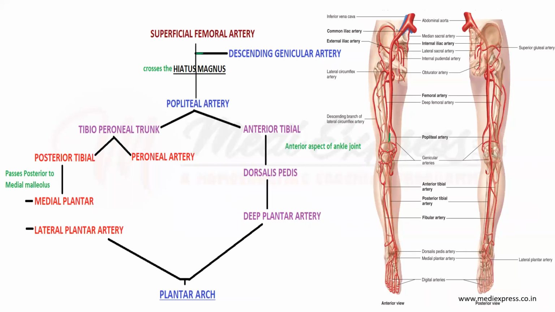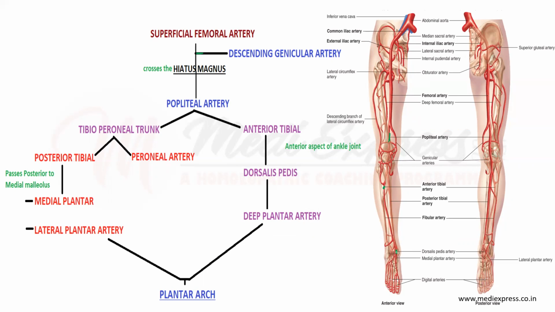Now, popliteal artery gives rise to two. That's a tibioperoneal trunk and the anterior tibial artery. You can see over here the anterior tibial artery. Now, anterior tibial artery runs on the anterior aspect of the ankle joint. You can see over here, and then it gives rise to dorsalis pedis artery.